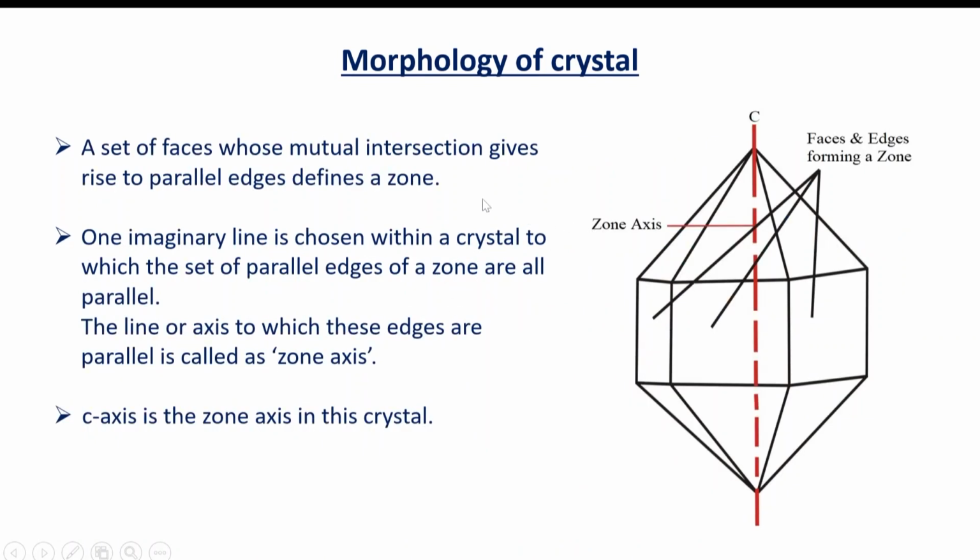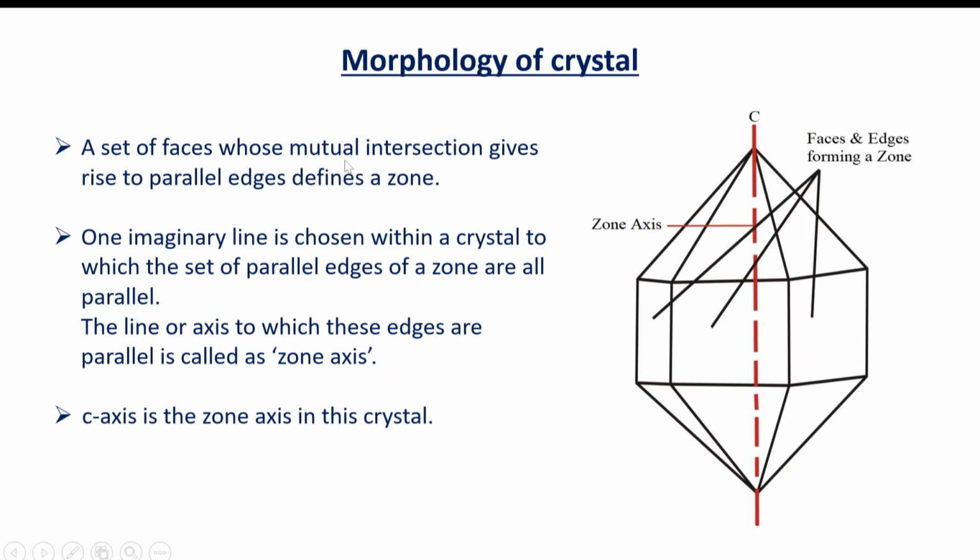Then some other morphological features of a crystal: a set of faces whose mutual intersection gives rise to parallel edges like this. So there are a set of faces you can see, and at the intersection of the faces you are getting edges.